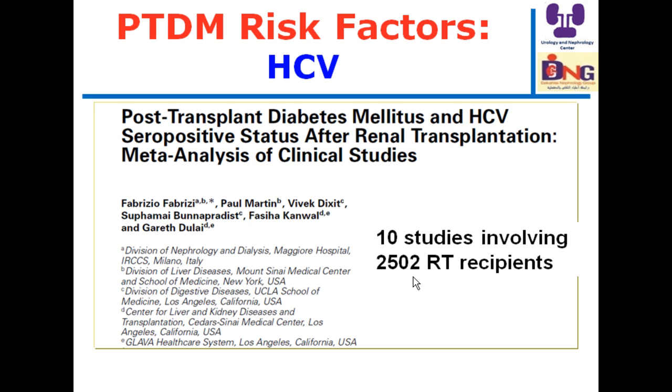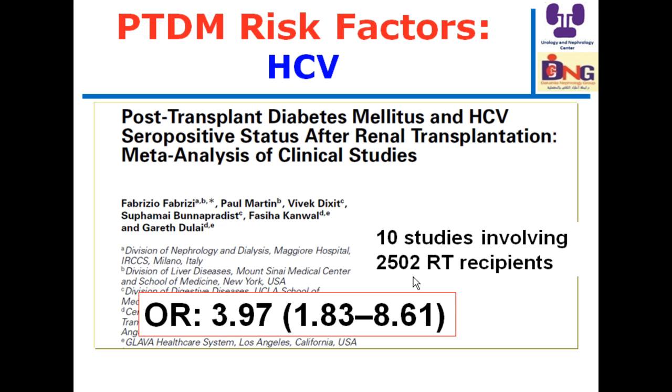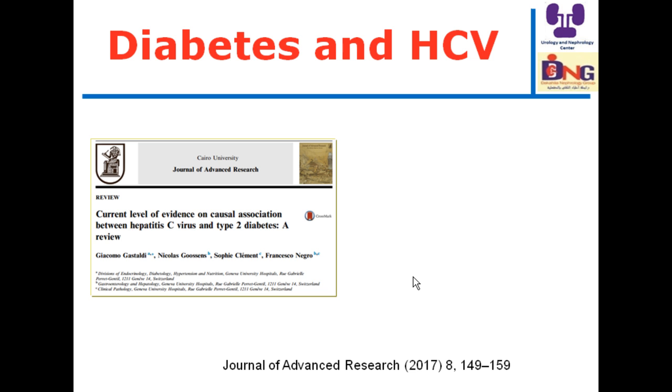This was a meta-analysis of clinical studies, including 10 studies involving 2,500 renal transplant recipients, showing that hepatitis C is associated with development of diabetes. The odds ratio for development of diabetes because of HCV is 3.9, and the confidence interval ranged from 1.8 to 8.6. So again, hepatitis C is a risk factor for development of diabetes.